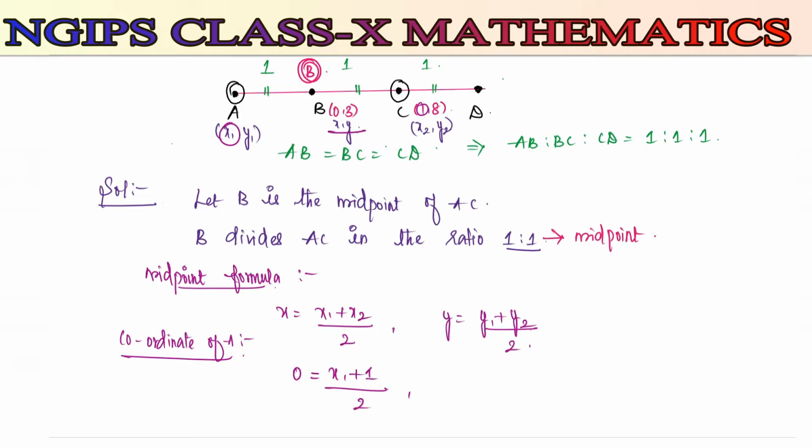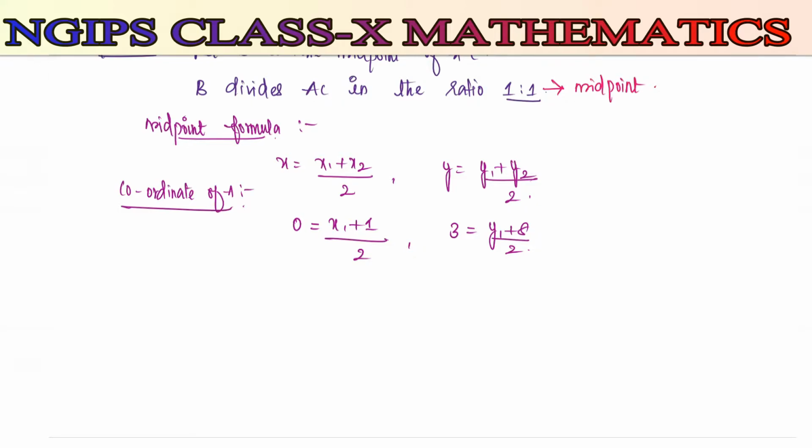Y we have is 3, so 3 is equal to (y1 plus y2) divided by 2, where y2 is 8. Now if you simplify, when you shift this 2 to the opposite side, division becomes multiplication. 0 into 2 is equal to x1 plus 1, so 0 is equal to x1 plus 1. When you shift plus 1 to the opposite side it becomes minus 1, so x1 is equal to minus 1.